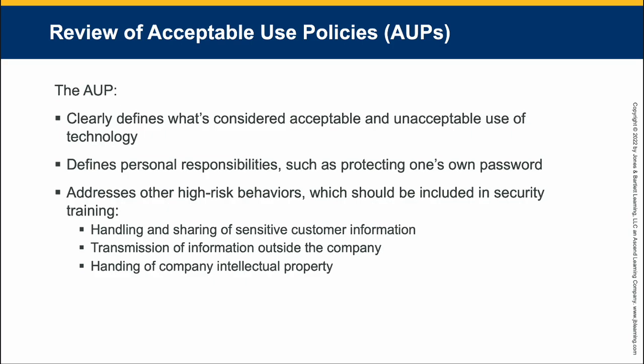Handling of customer data, for example. Sending sensitive data outside the company, for example, and also IP rights, intellectual property rights. The company could be inventing something new and you don't want other people, your competitor, to know, for example.